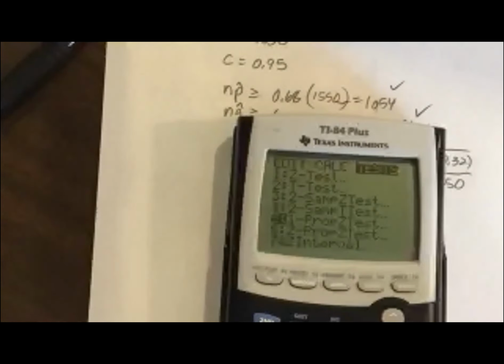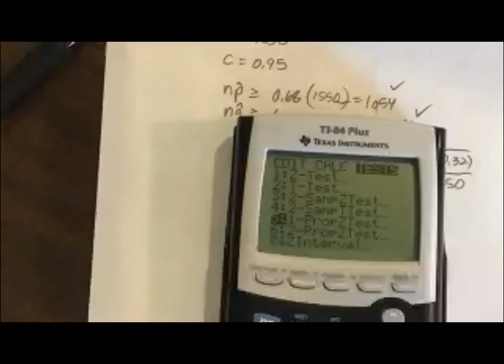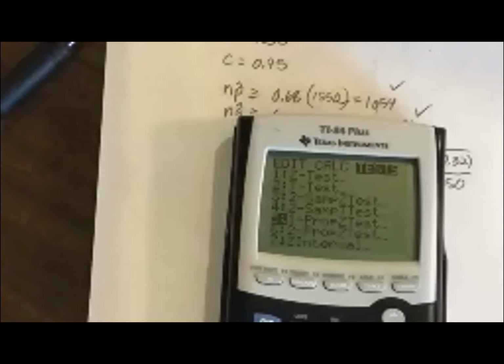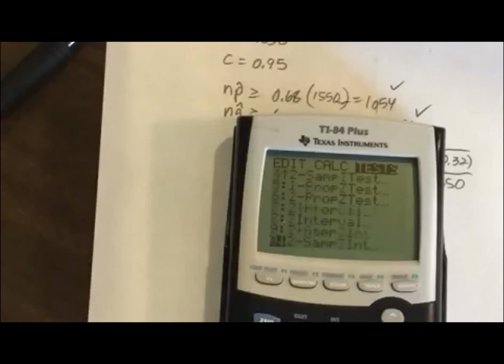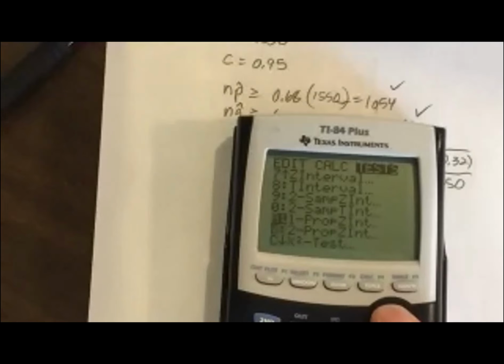Notice that it does the tests before it does the confidence intervals. The tests are actually in chapter 7. They're coming up next. And so we're down here at the intervals. There's a Z interval, and here's a 1 proportion Z interval.